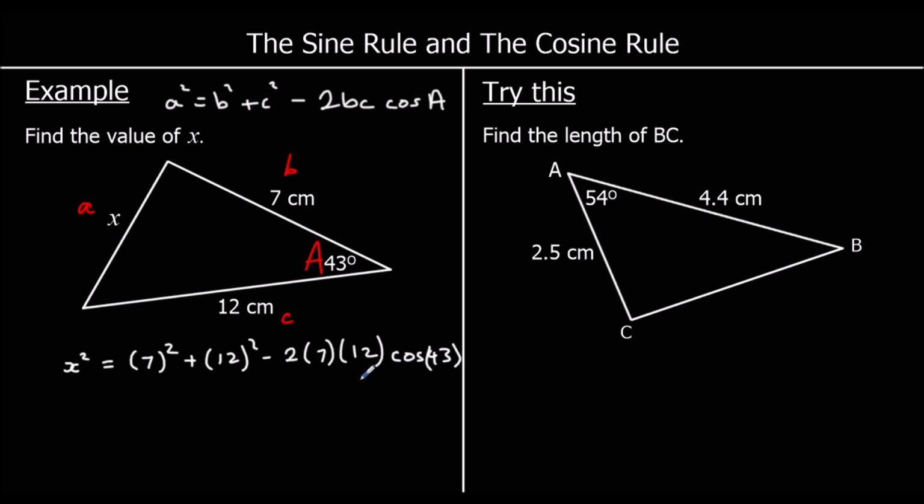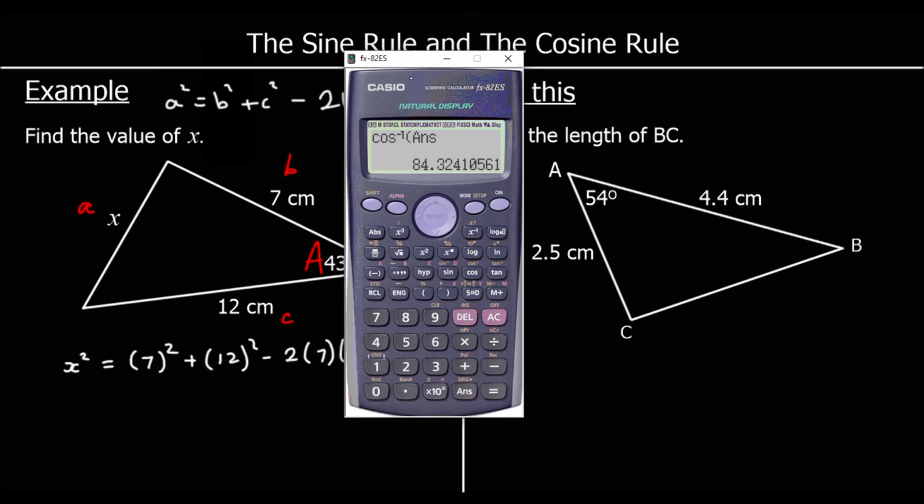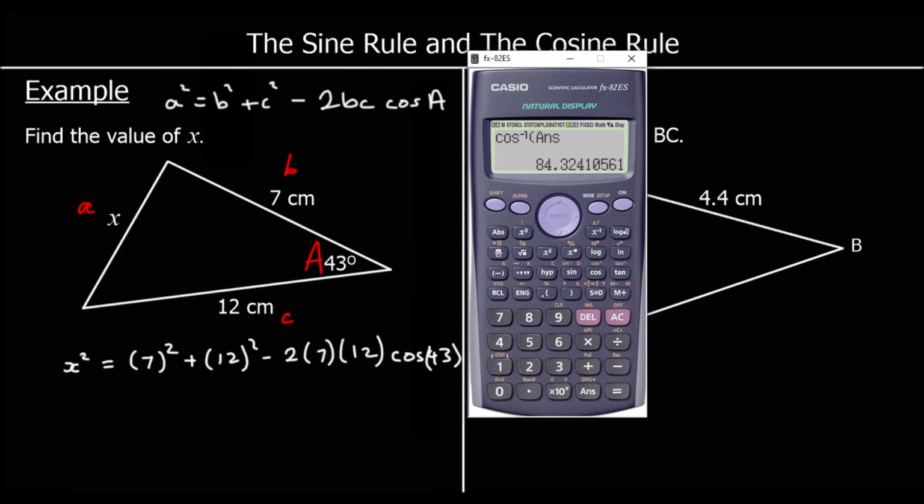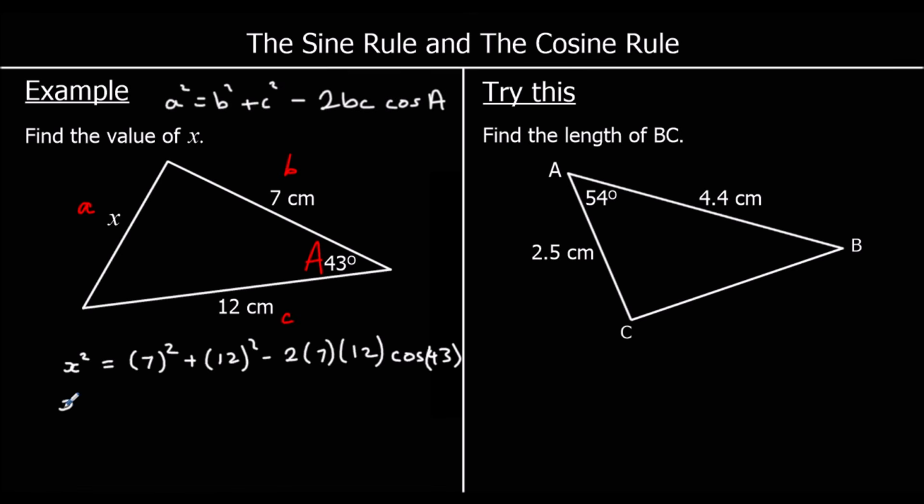And let's type the whole of the right side into the calculator. So we have 7 squared plus 12 squared minus 2 times 7 times 12 cos 43. So we've got x squared is equal to 70.13 and so on.